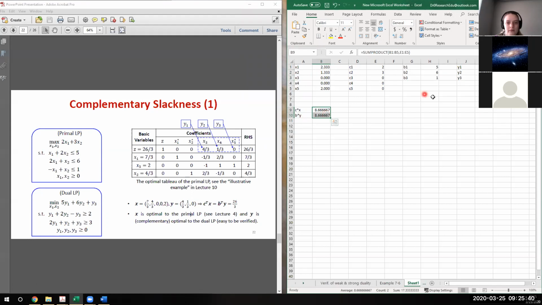Second, I want to show you that this y is indeed optimal to the dual problem.